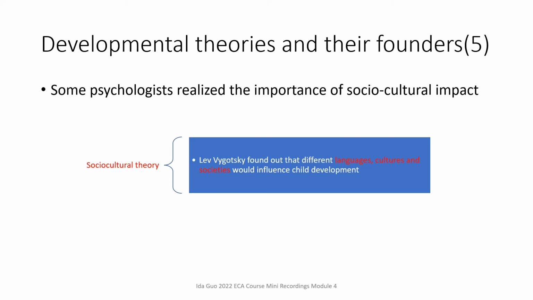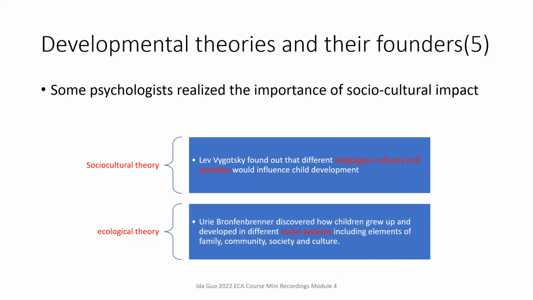Okay, so even if we just look at the other theory's name, we'll see, oh, here there's society, social, and here cultural. That means culture, right? Then there's another one, ecological theory, developed by Urie Bronfenbrenner, and he discovered how children grew up and developed in different social systems, including the elements of family, community, society, and culture.